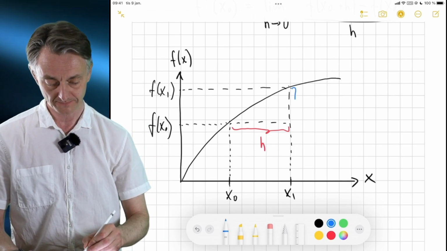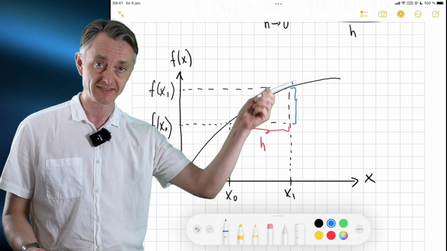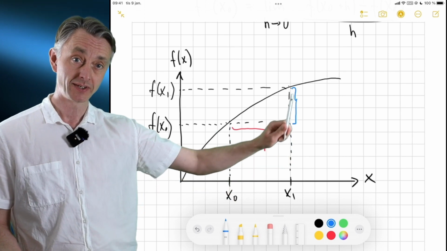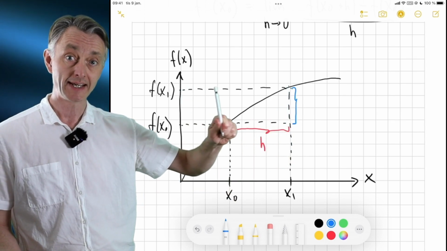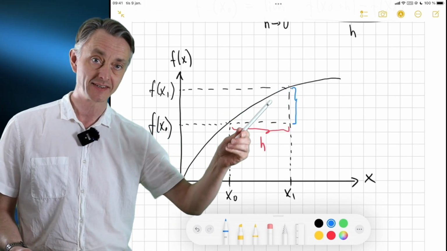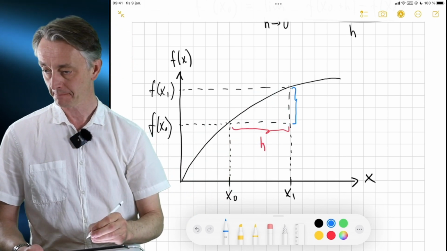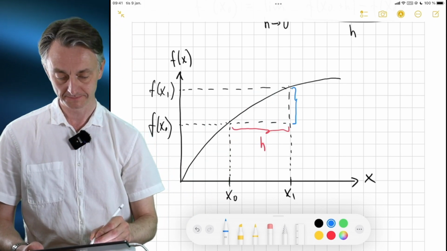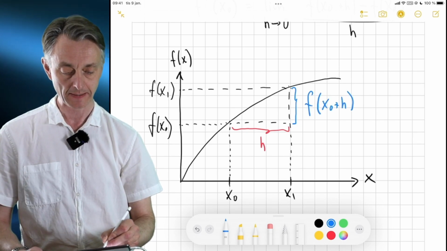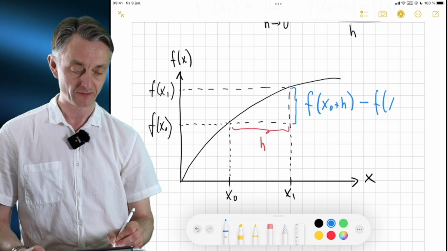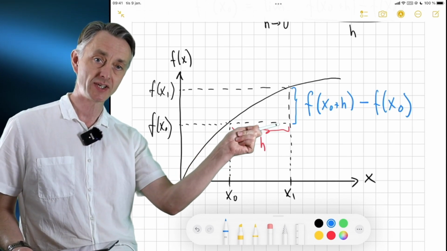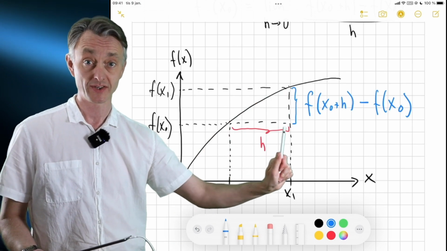Well, that is this vertical distance here. This is the value of the function at x0, and this is the value of the function at x0 plus h. So this distance is f at x0 plus h minus f evaluated at x0. So this is the change vertically, this is the change horizontally.